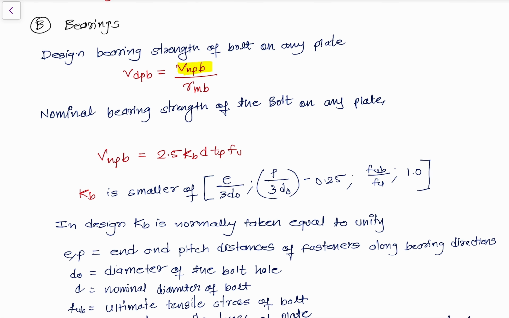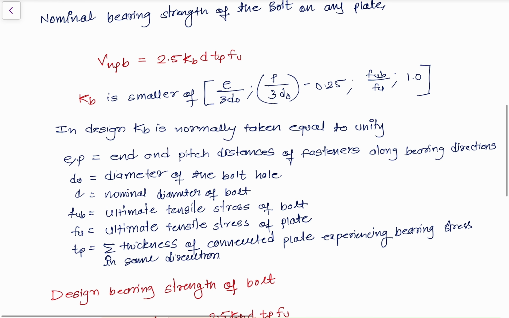Now, one very fundamental term is kb, which you need to calculate. In design, kb is normally taken as unity, but we need to calculate it in different ways. The first is e divided by 3 d0. The second is p divided by 3 d0 minus 0.25.